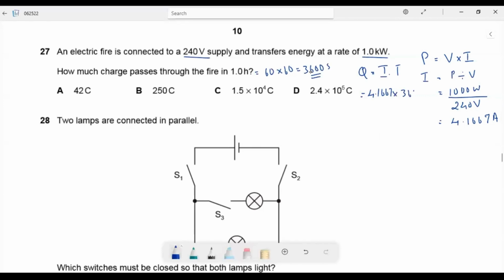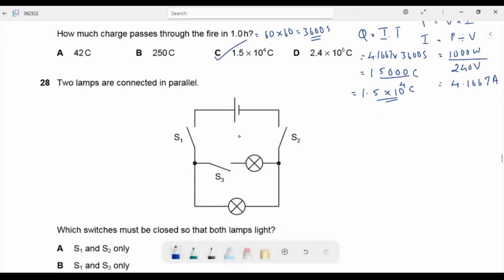Multiplying, we'll be getting the answer 15,000 coulombs. By rounding this, that can be written as 1.5 into 10 raised to 4 coulombs. C is the right answer.